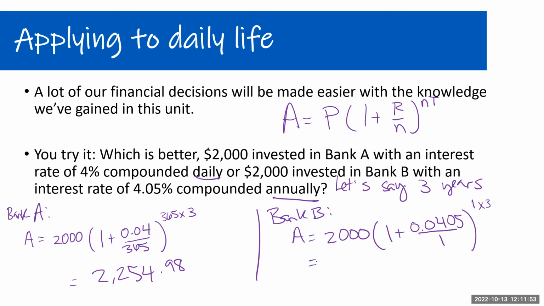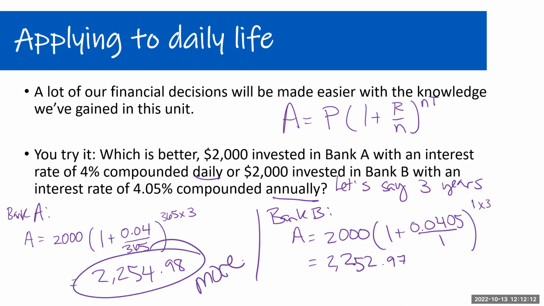And we plug this into our calculator, we see that we're going to have 2,200, excuse me, 2,252.97. Which bank do you want to invest your money in? Well, it's not a big difference, but you make more money with Bank A. Even though it was a slightly lower interest rate, because it was compounding daily, you are going to make more. So you're going to choose Bank A here since you're going to make more.